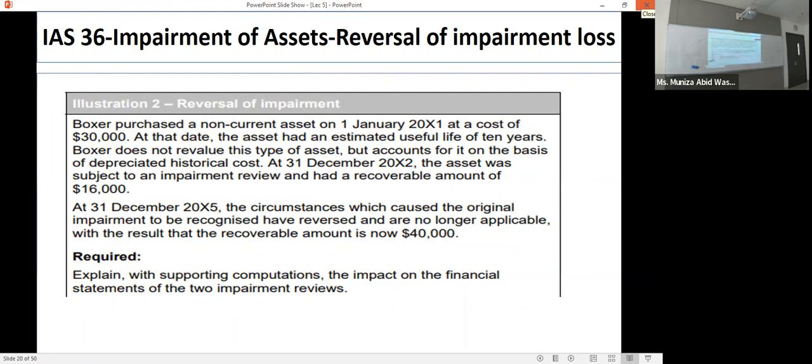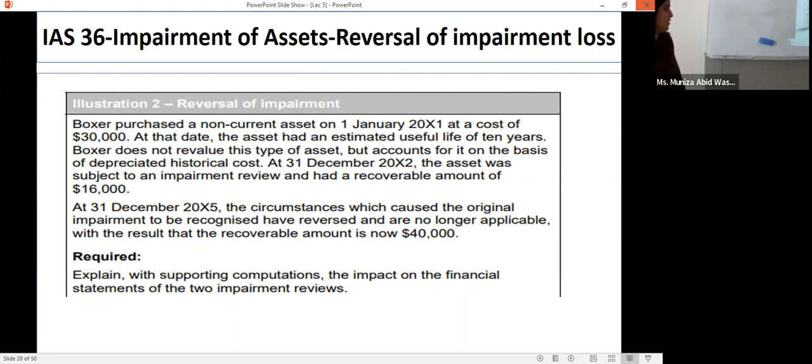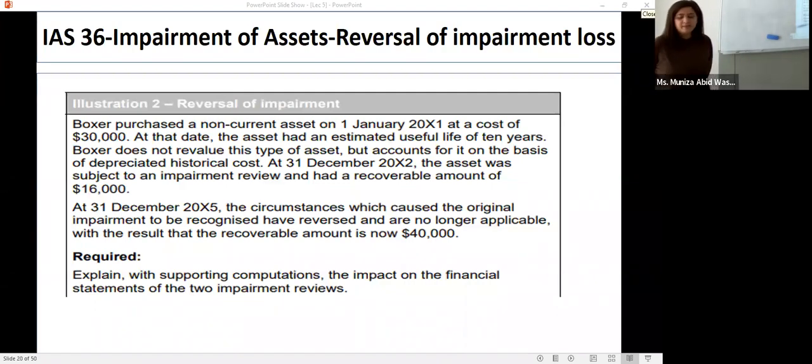Okay, let's start doing. The requirement of the question is to explain with supporting computations the impact on the financial statements of the two impairment reviews.